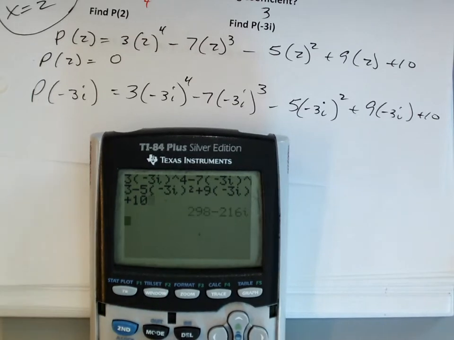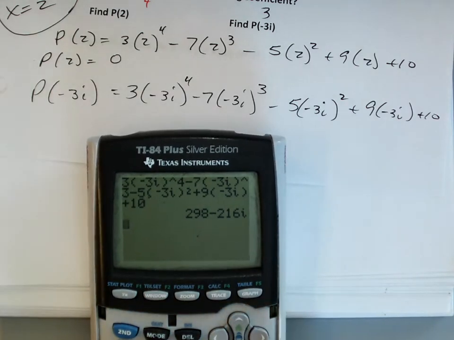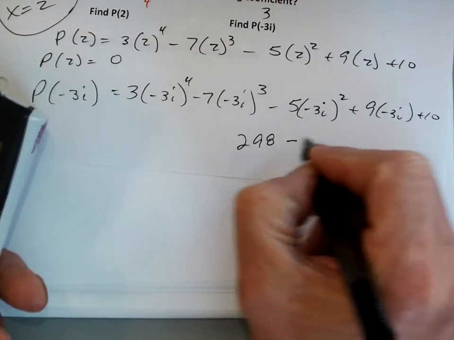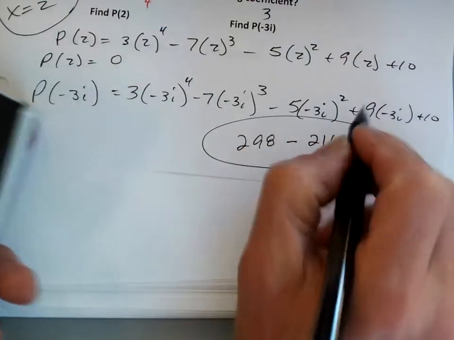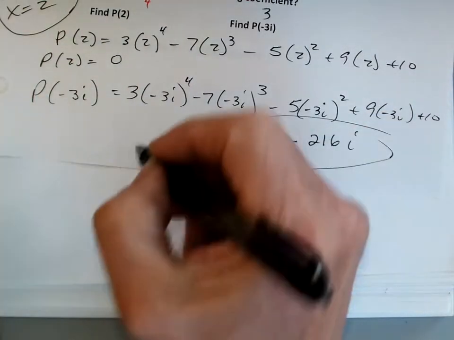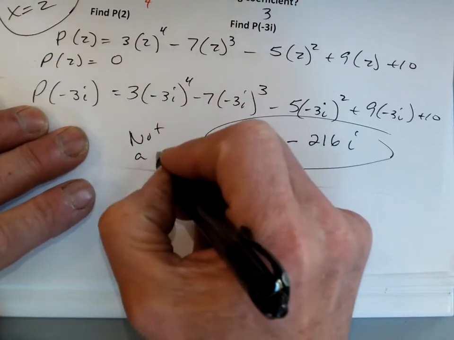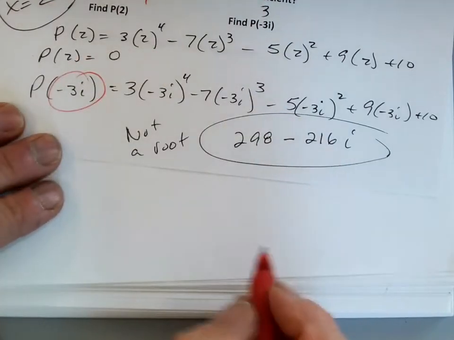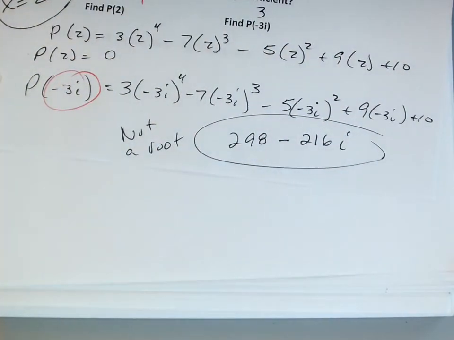And then, boom, that's my answer. What's cool is my calculator actually gave me an answer in terms of i. I didn't show you that button on purpose because I wanted you to do i without the calculator on the first test. So I get an answer of real plus imaginary: 298 minus 216i. That is not a root, because I did not get 0. Does that make sense? You've got to get 0 for it to be a root.